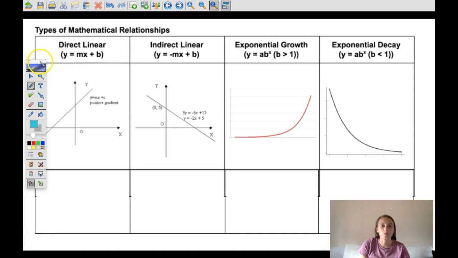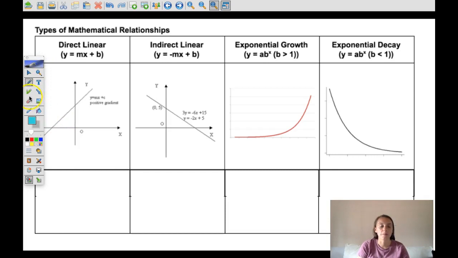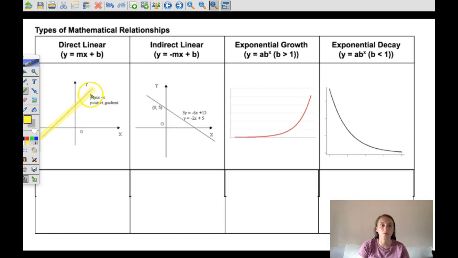Now, one of the more important things about graphing is determining the type of relationship used within the variables. So if you have a graph that looks like our first one, where it's going in an upwards motion from the bottom left to the upper right, this is called a direct linear relationship. And what this means is that if our independent variable increases, so what we are controlling increases, our dependent variable, what we're measuring, also increases.